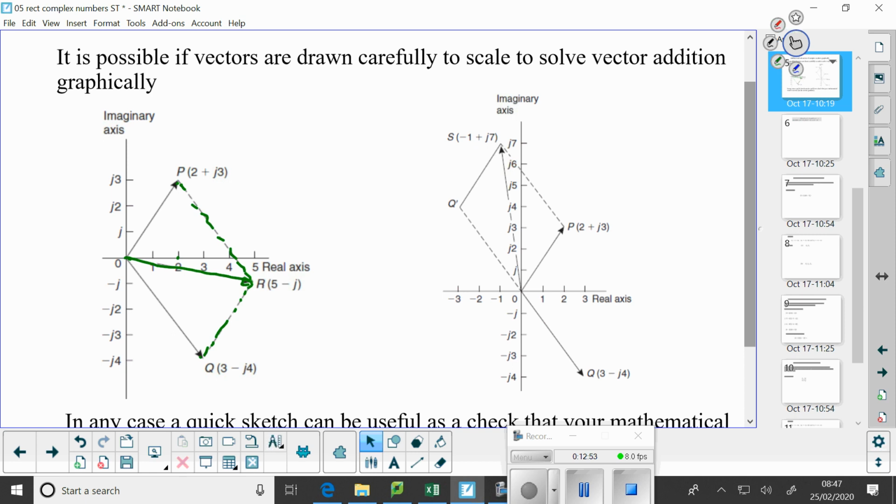We want to subtract it, so we've got to go completely the opposite direction. And then again, complete the parallelogram, and we've got minus 1 plus 7j over there. So just to show you that you can sketch these vectors onto a Cartesian axis, to check your answers if necessary.